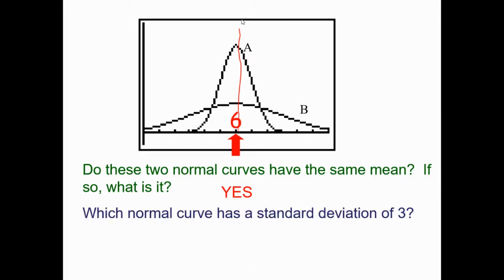Which normal curve has a standard deviation of 3? Remember, your normal one is a 1. Which one would be a 3? The flatter one or the taller one?